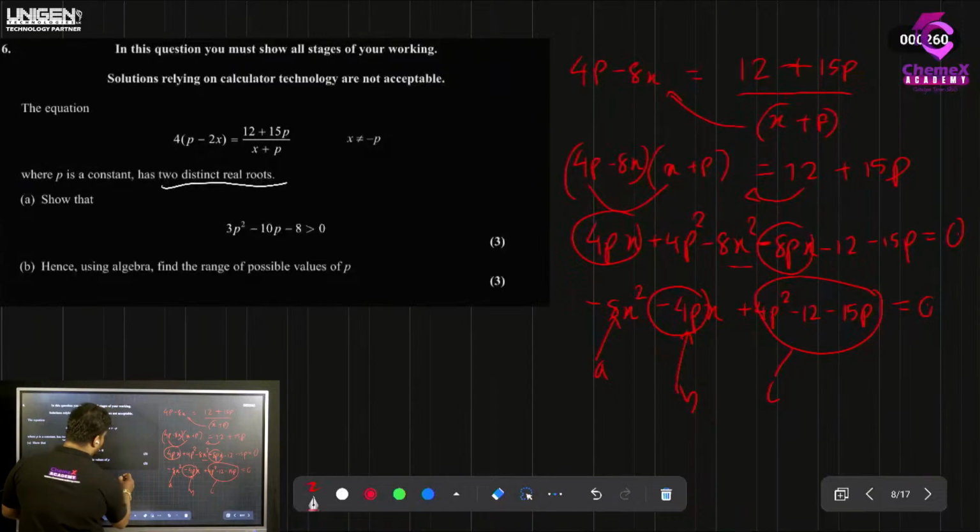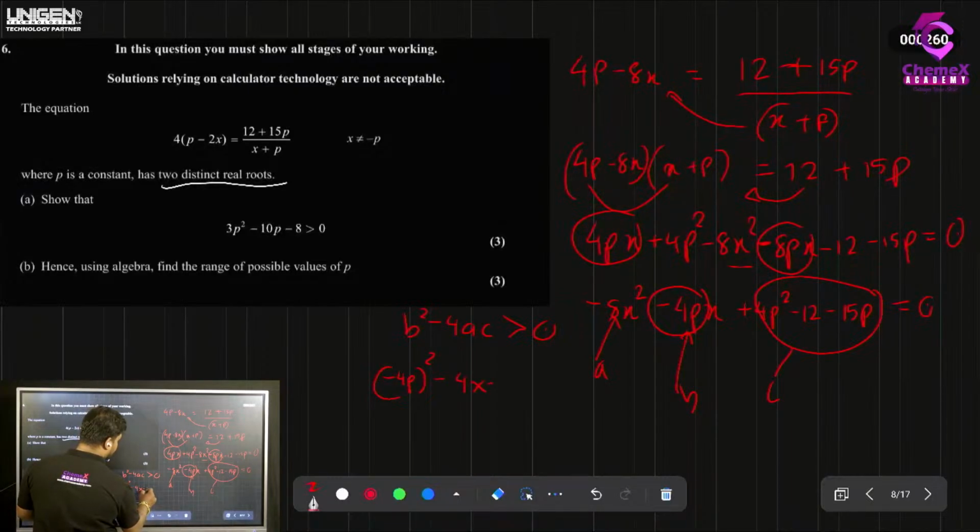If it has two distinct real roots, b squared minus 4ac is larger than 0. B squared is minus 4p, squared, minus 4 times A, which is minus 8, times C, which is 4p squared minus 12 minus 15p, larger than 0.